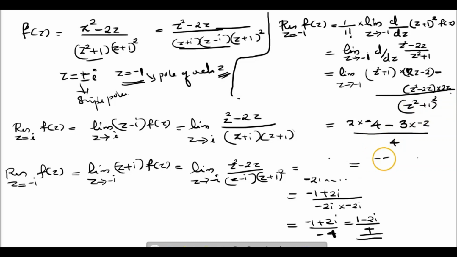So we get minus 8 plus 6 divided by 4, that is minus 2 by 4. It's minus 1 by 2.